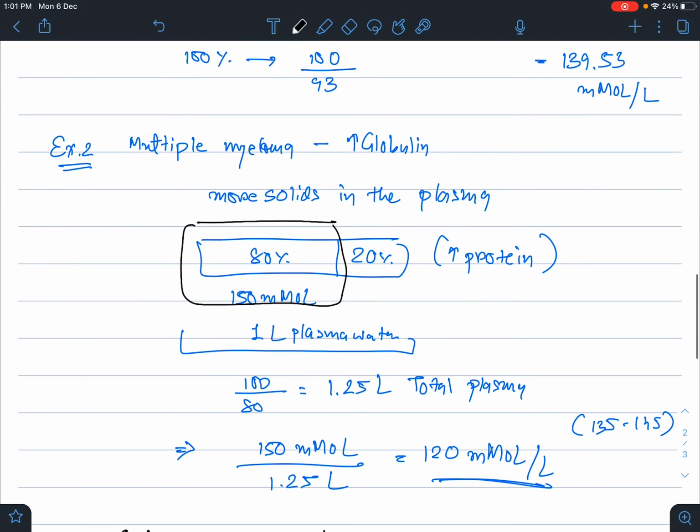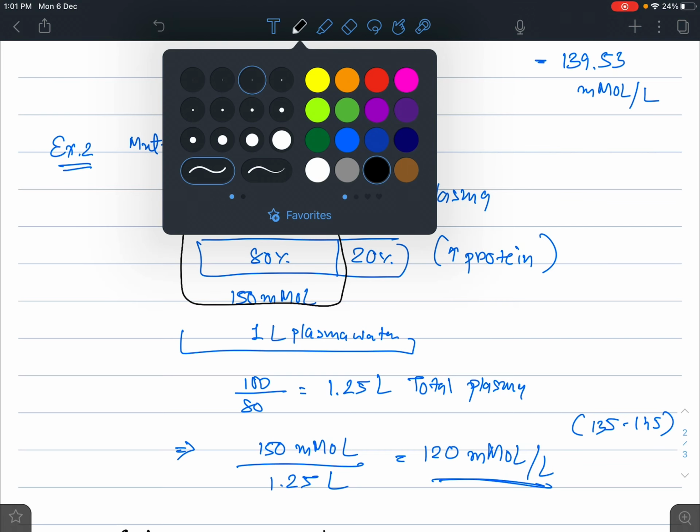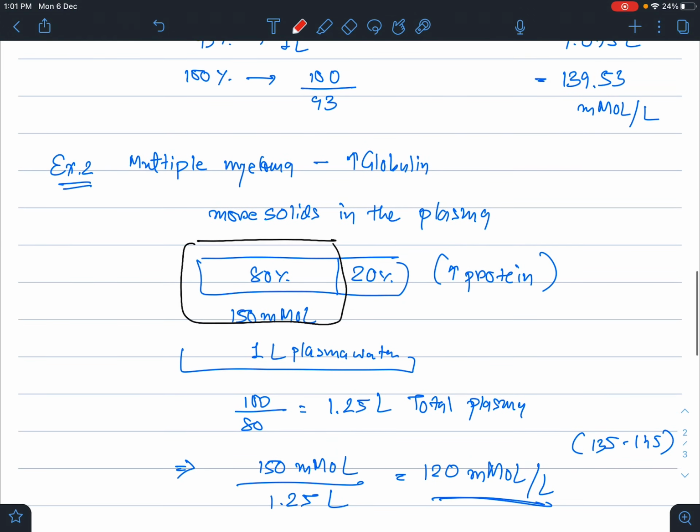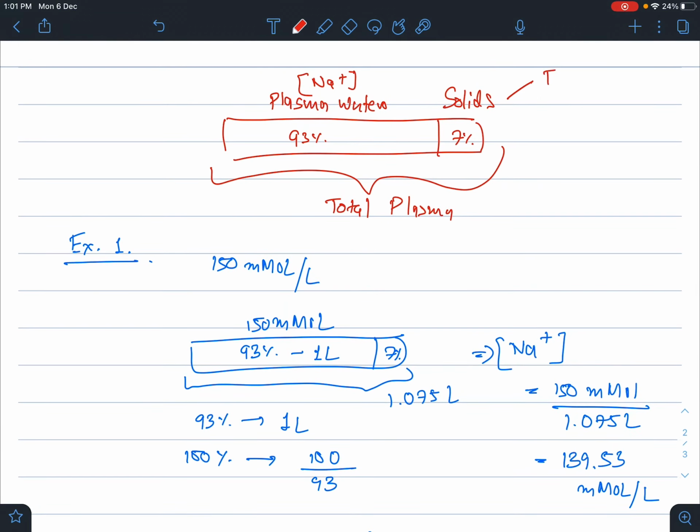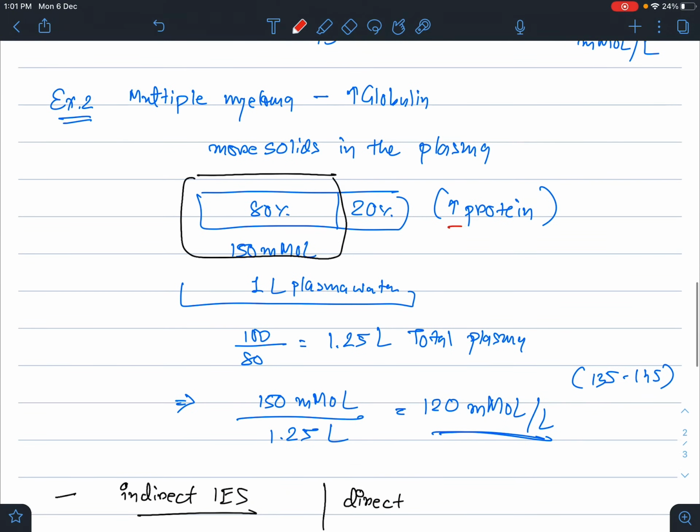Another example of this pseudohyponatremia, as we said earlier, is that solids in plasma constitute fat and protein. So we considered an example of protein, that is multiple myeloma.